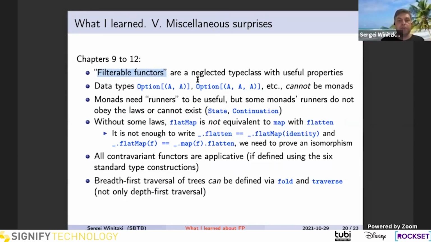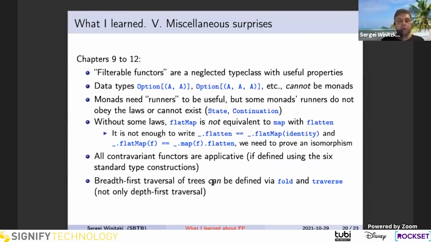Filterable functors is a neglected type class, not usually described, but it's an important one. Another thing I found is that certain data types just cannot be monads. Well, it's not obvious why. I don't think anybody really knows the deep reason why. Anyway, but the programmer needs to understand that this is not always possible to have a monad.